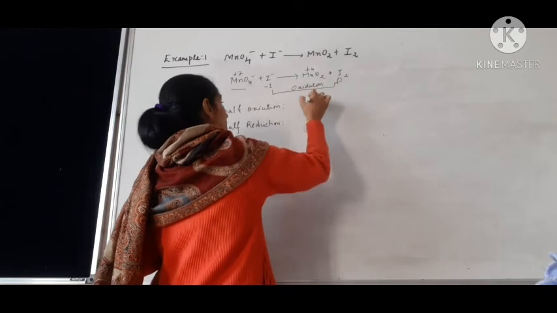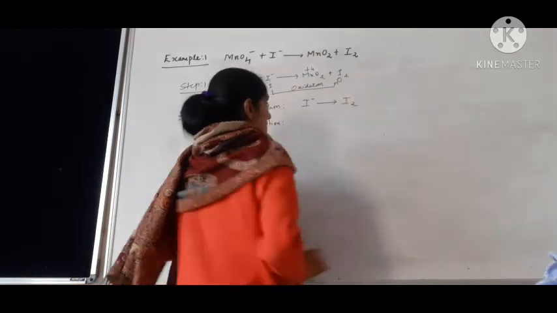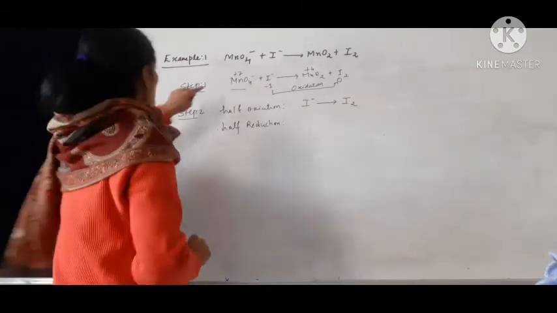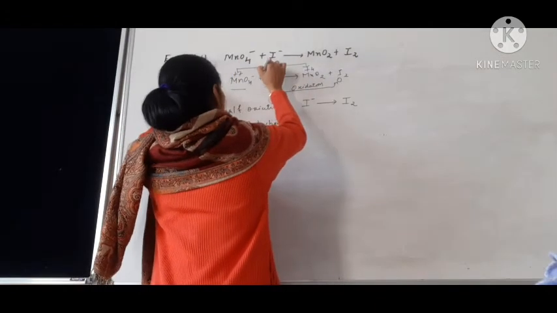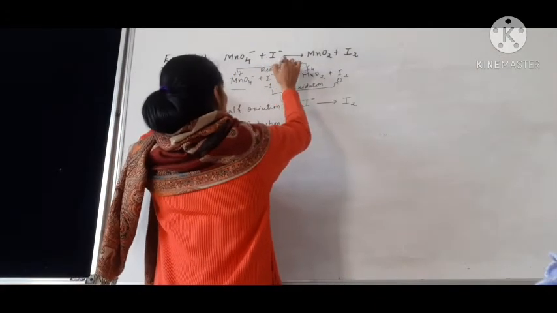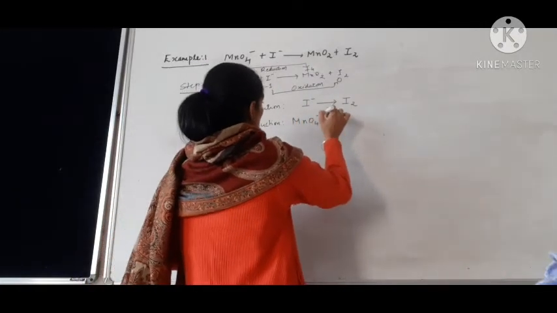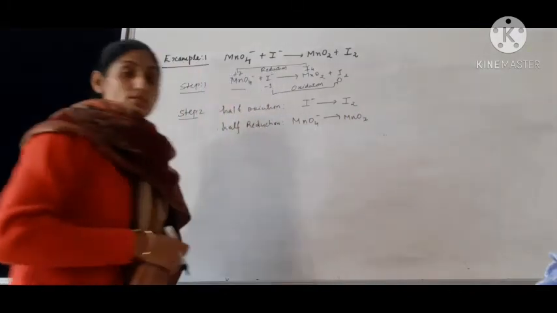So the half oxidation is 2I minus to I2, meaning there is a loss of electrons. Now +7 to +4 is a decrease in oxidation number, so it is categorized as reduction. So we write MnO4 minus to MnO2, which is known as the half reduction.